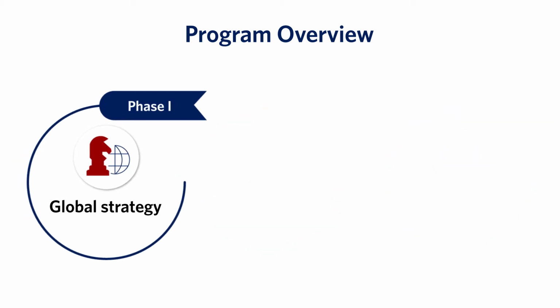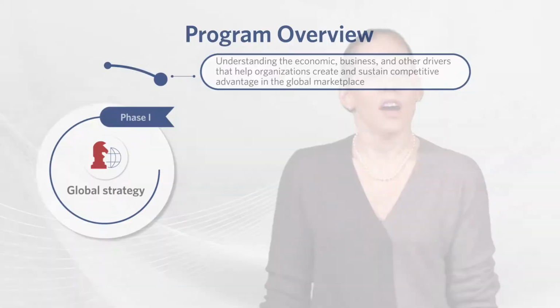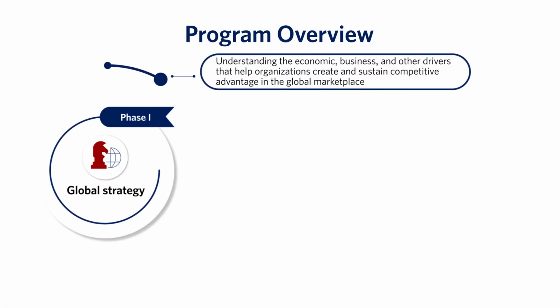Phase 1 is about global strategy, where you will gain deeper insight into the global business environment and how to compete effectively in it. Some of the key themes are the following: understanding the economic, business, and other drivers that help companies create and sustain competitive advantage in the global marketplace.